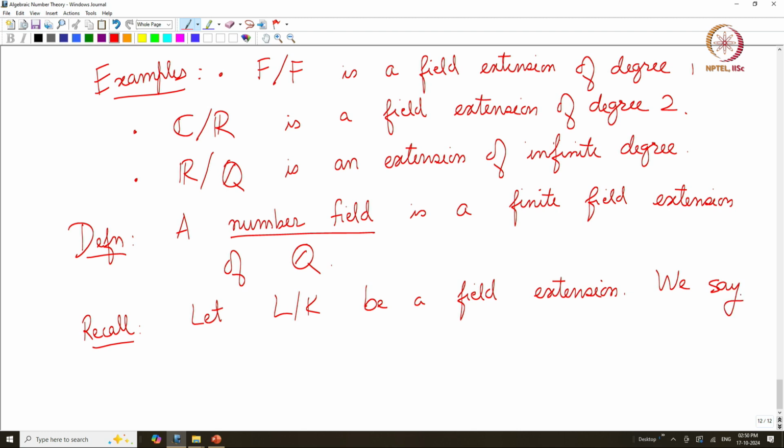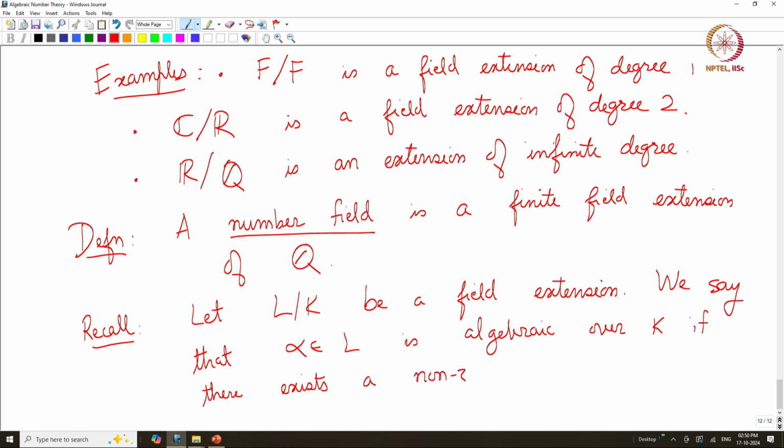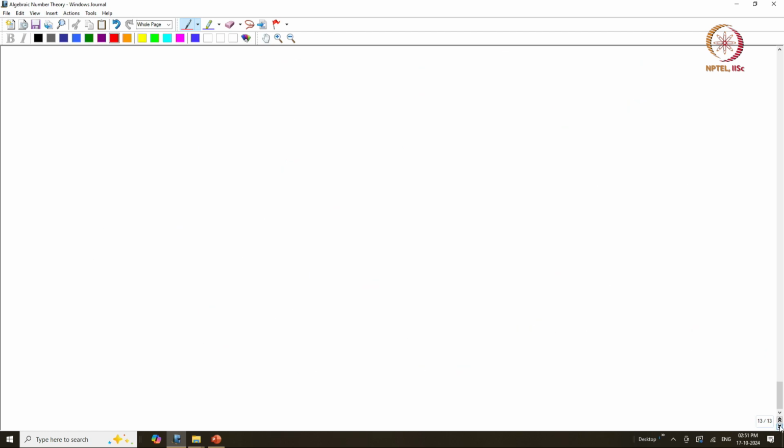We say that alpha in L is algebraic over K if there exists a non-zero polynomial f(x) in K[x] such that f(alpha) equals 0.